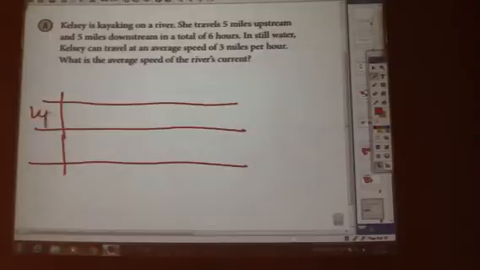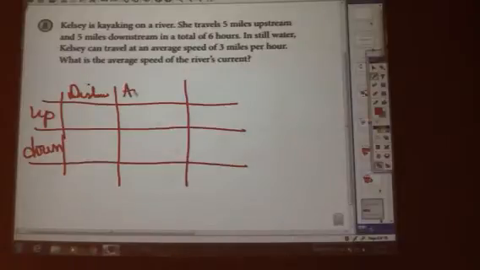Okay, so we're going upstream, we're going downstream. It tells you to put distance here, average speed here, and time. Now, distance, how far did Kelsey go? 5 miles up and 5 miles back, right? So upstream she went 5 miles, downstream she went 5 miles.